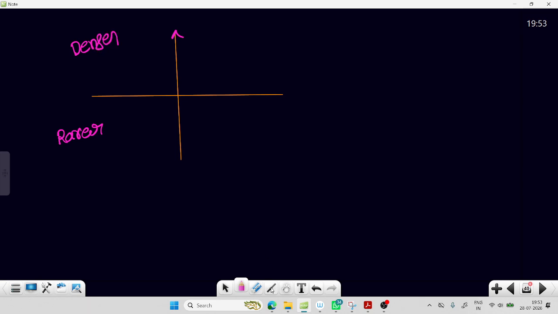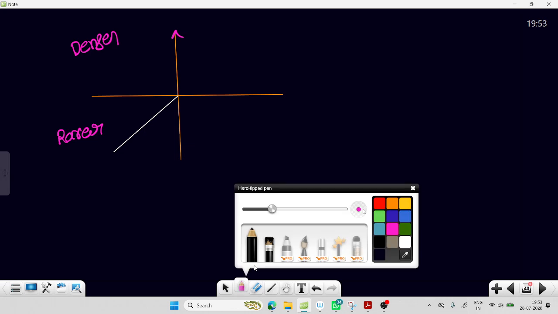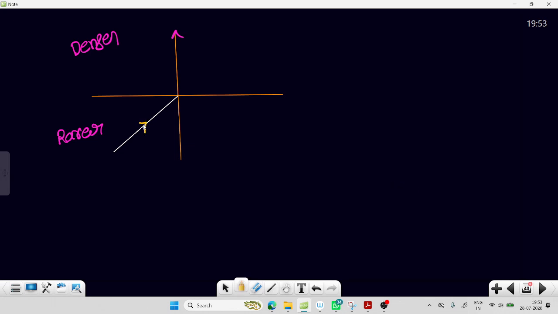Now tell me, when the light ray is moving from rarer to denser, which direction will it bend? It will move towards the normal. So that means it will move like this.